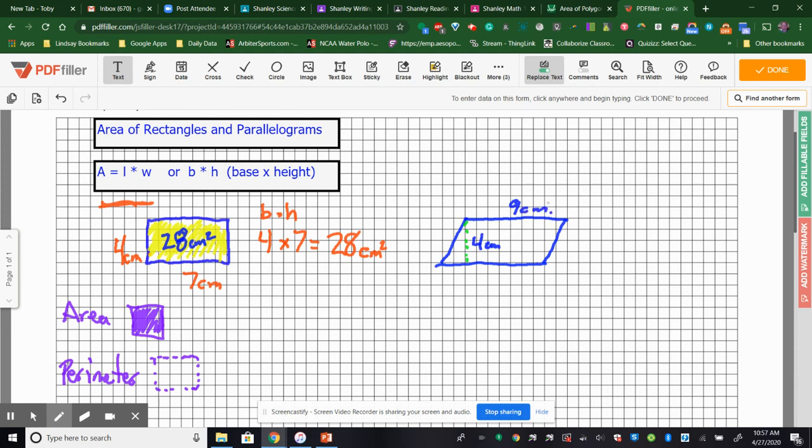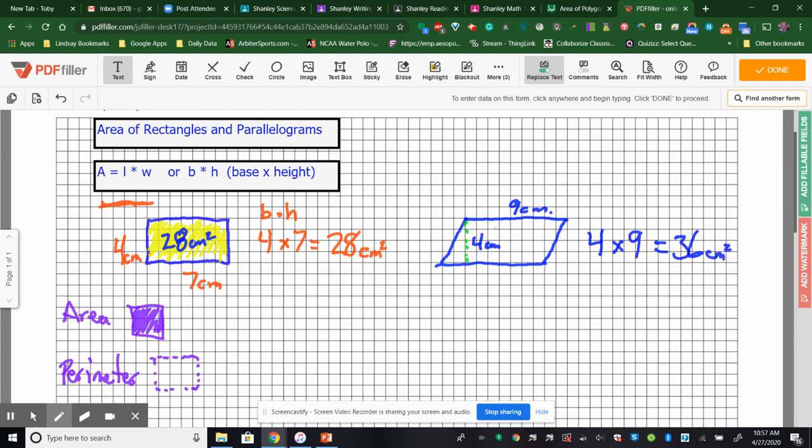Okay. Now parallelograms, it's all parallel, so the opposite lines are the same length. So when we look at this, this is a 4 by 9, or 4 times 9. So 4 times 9 gives me 36 centimeters squared.